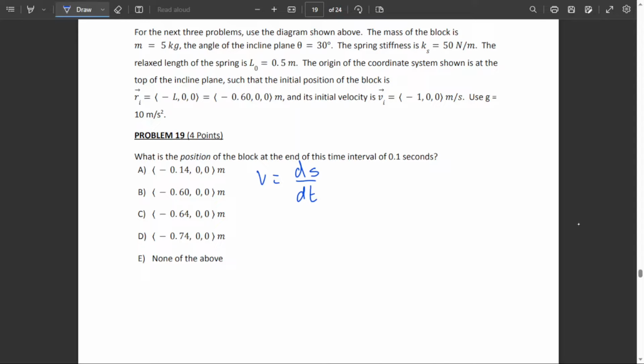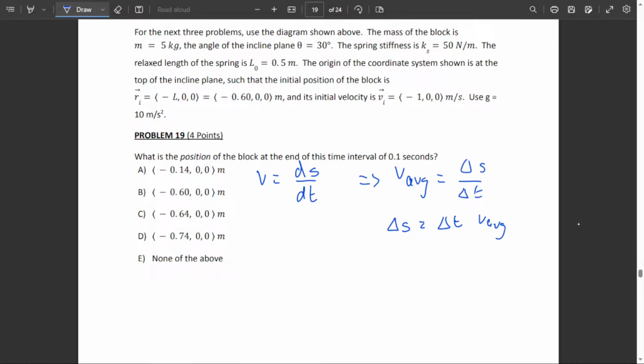Since the time interval is short, we're going to assume that the average velocity over those 0.1 seconds is just the average between the start velocity and the end velocity. So the average velocity is equal to the change in position over change in time. Or we can find the change in position by change in time times the average velocity.